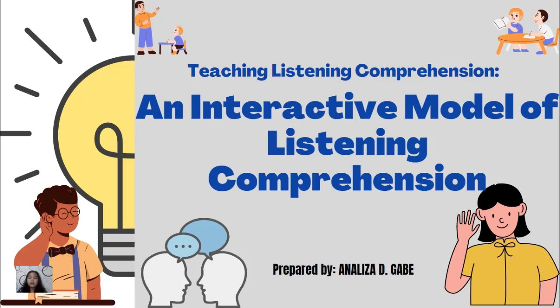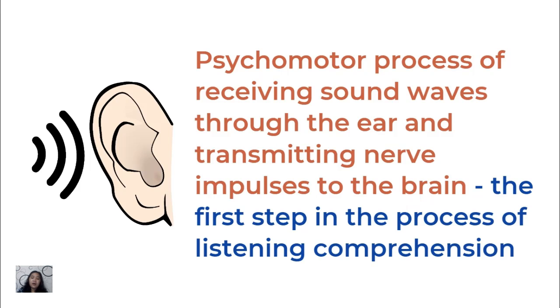It is always a process, and the first step of listening is none other than the psychomotor process of receiving sound waves through our ears and submitting nerve impulses to the brain for us to decode the spoken words. So, how does this happen?